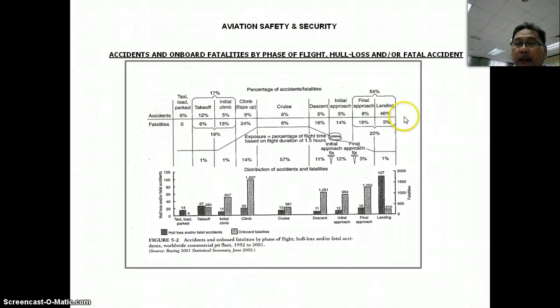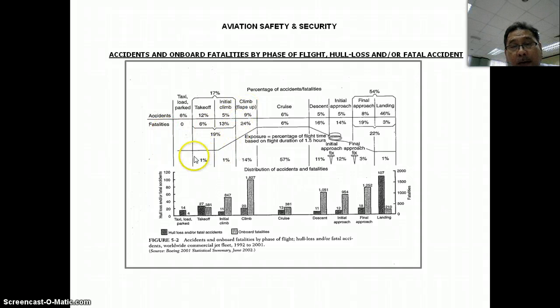Looking at the accidents and fatalities, when the aircraft is taxiing, loading or parking, it is on average about 6% for accidents and 0% of fatalities. During takeoff and initial climb, the combination will be about 17% of accidents, and 6 plus 13, 19% of fatalities.